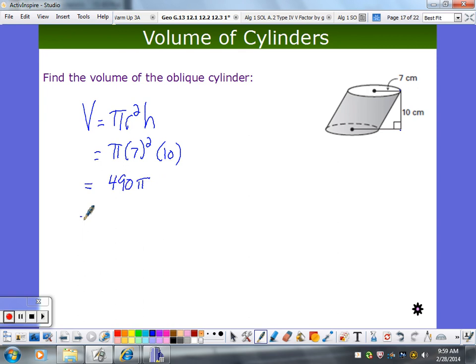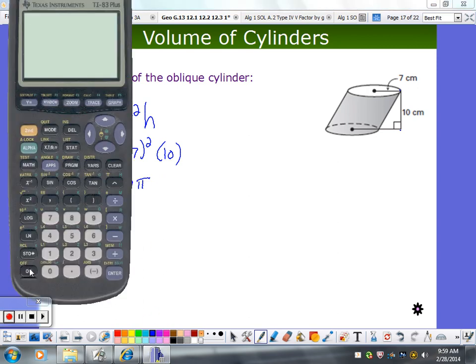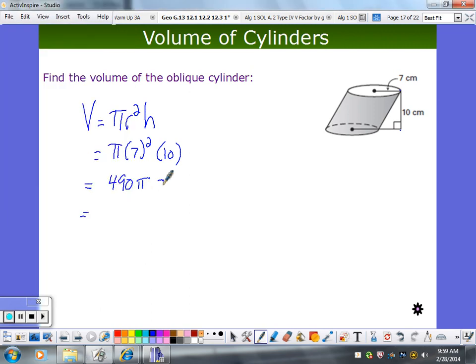I think. And then we type that in. Type that in, 490 pi. 1539.38. Is that what you guys are getting? And again, these are cubic units, cubic centimeters.